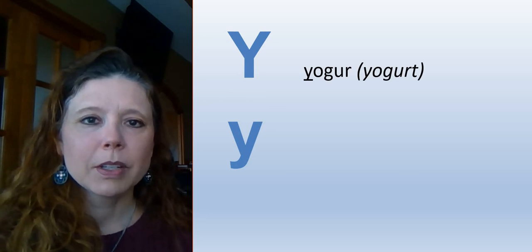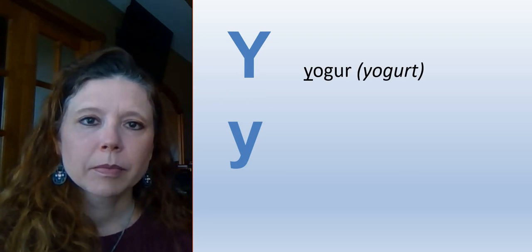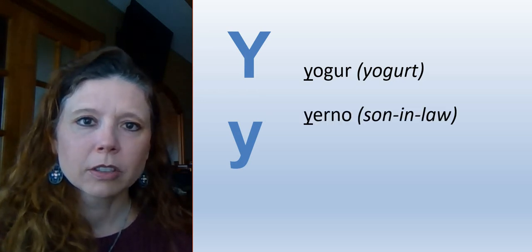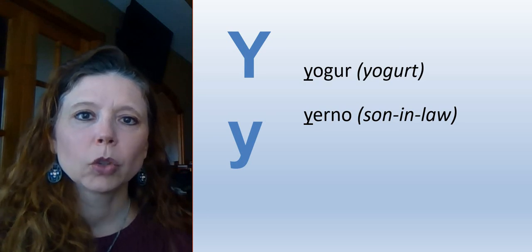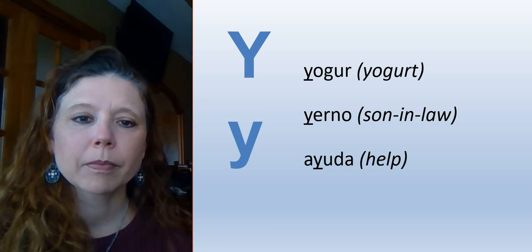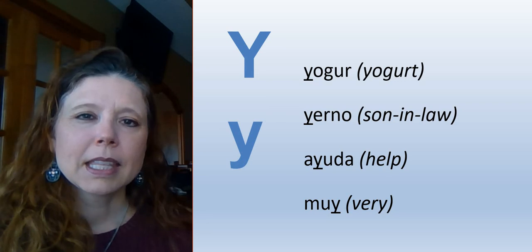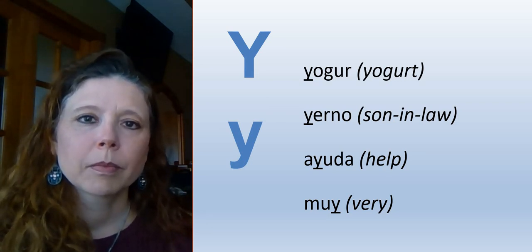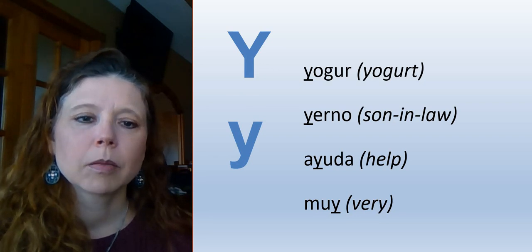And if it is used as a vowel, it makes the same sound as the letter I. So examples are yogur, yerno, ayuda. And this is where you might hear a little bit of a vowel sound, muy.